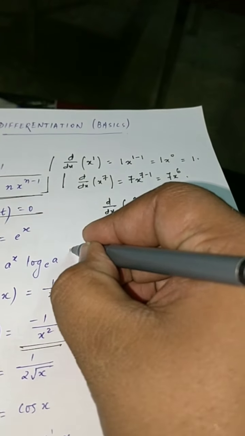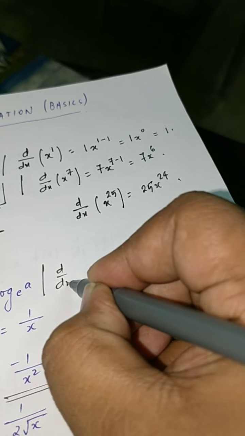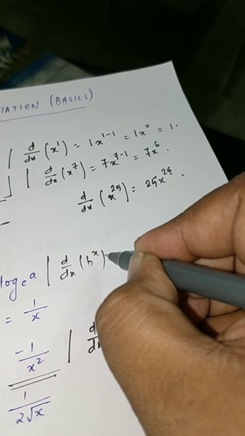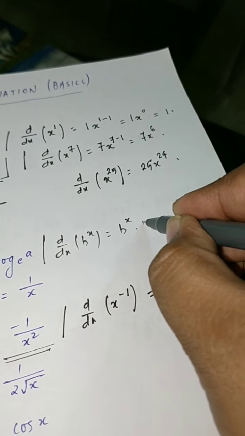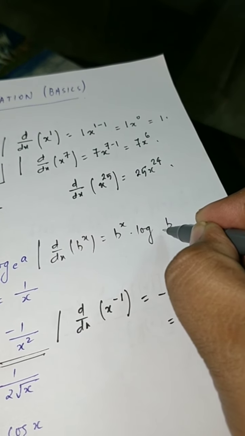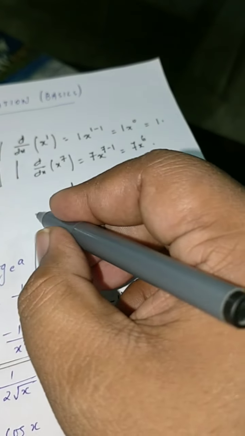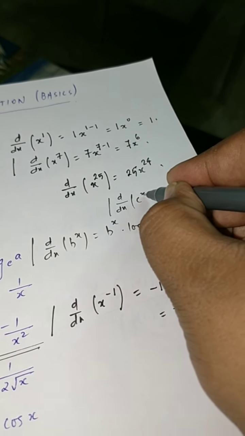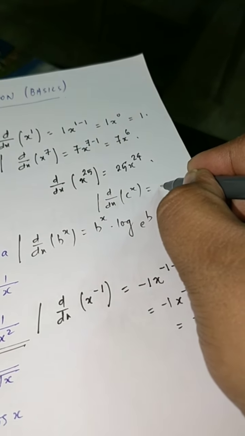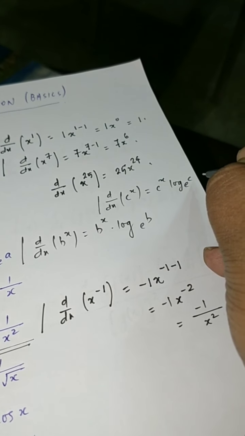If I would like to write the same in terms of some other constant, for example d/dx of b power x, where b is a constant and x is a variable, I can write the same thing as b power x into log b base e. I hope there is no doubt. Similarly, d/dx of c power x will become c power x log c base e, right?